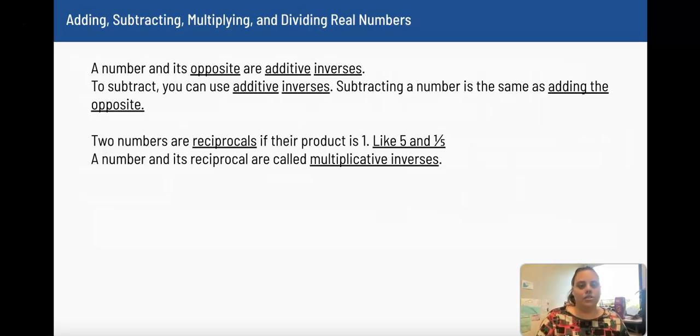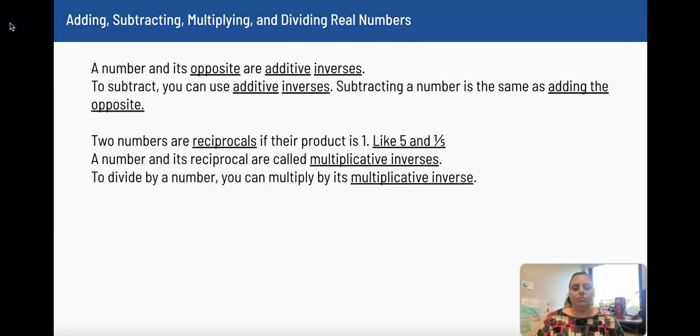Now, one thing I want to show you with reciprocals is that this 5 is really 5 over 1. So when I'm looking at its reciprocal being 1 over 5, this is where you see that people normally say that reciprocals are basically just flipping your fraction. You're just taking it and flipping it over. That will get you a reciprocal.